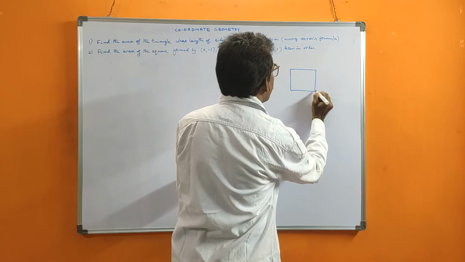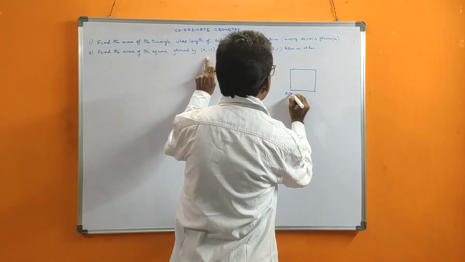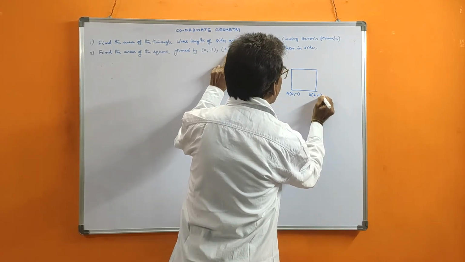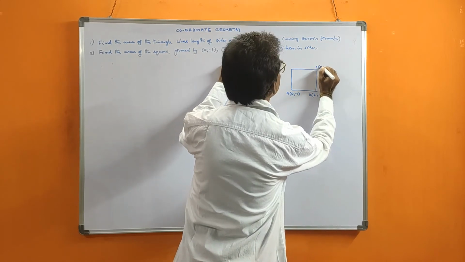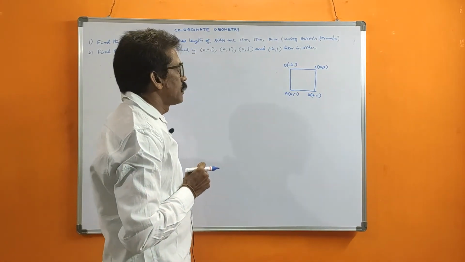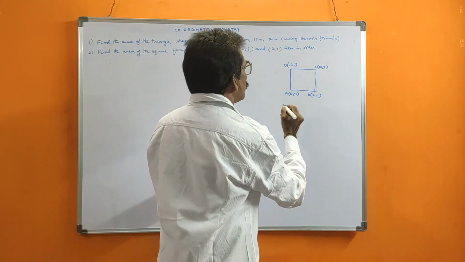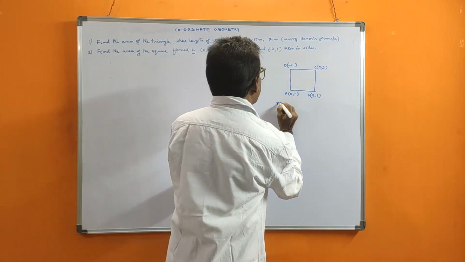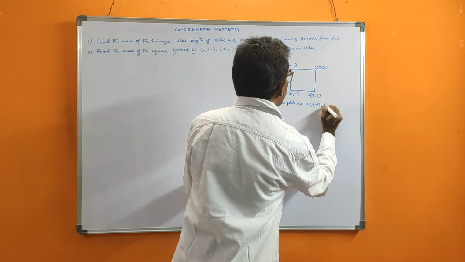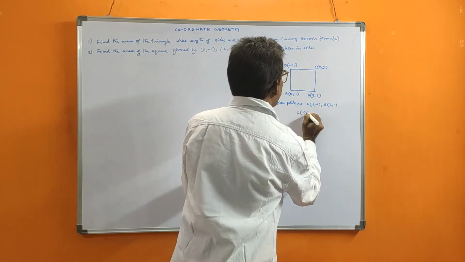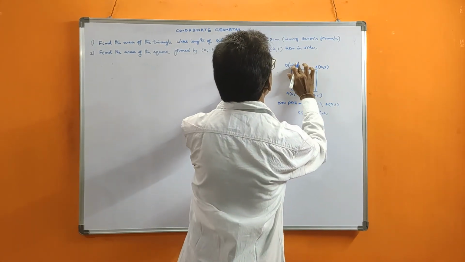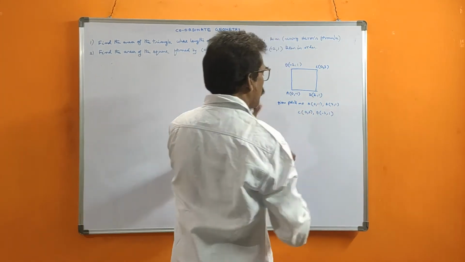So one square is there, and the 4 points you write in order: A 0, minus 1; B 2, comma 1; C 0, comma 3; D minus 2, comma 1. These are the points. He gave that this is a square.